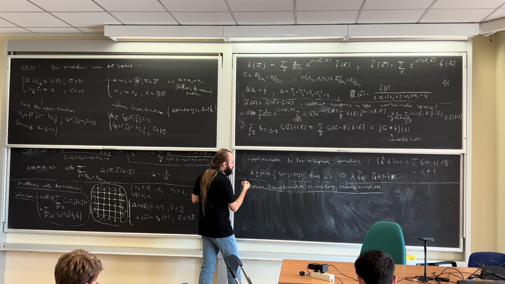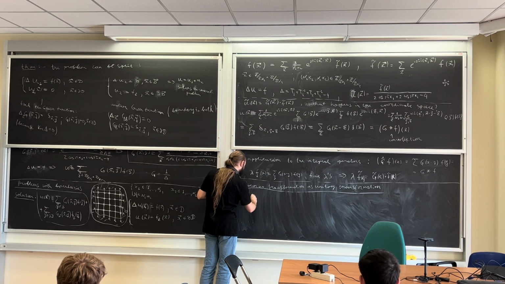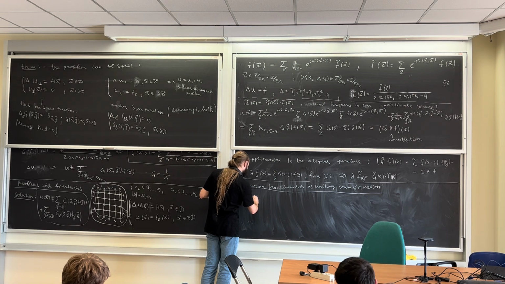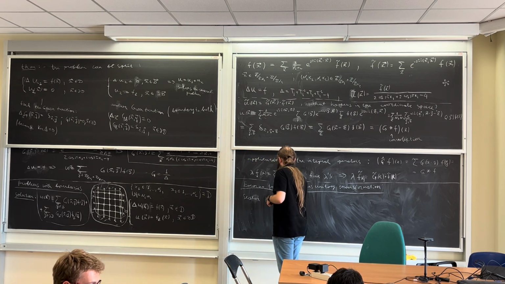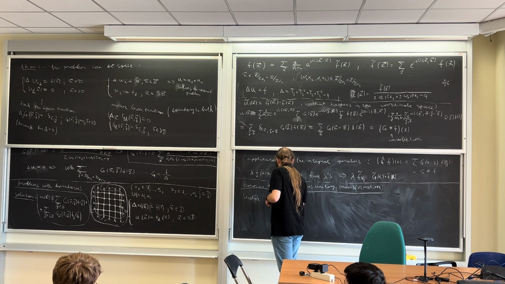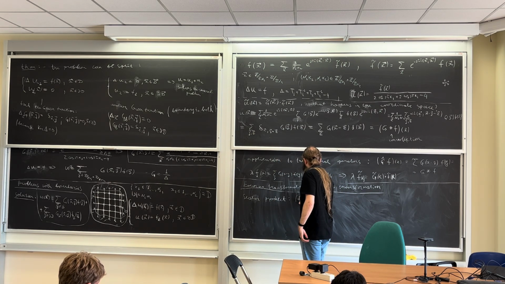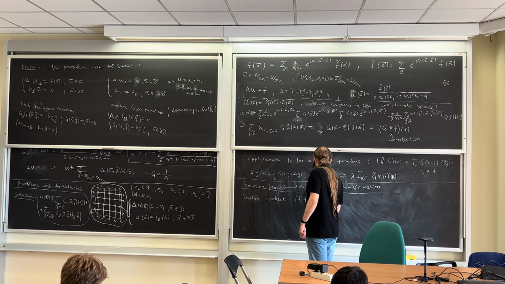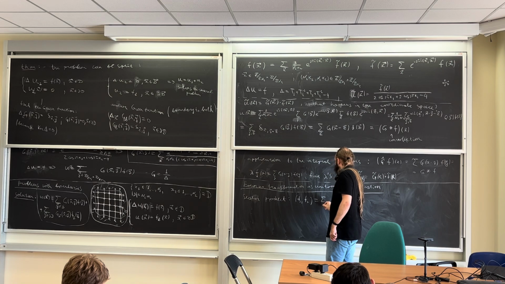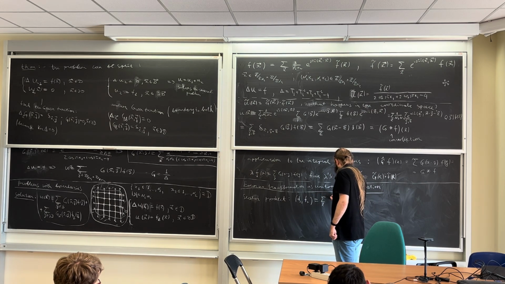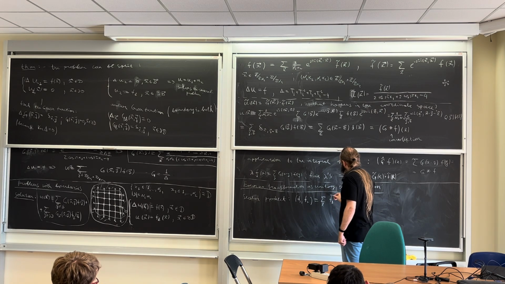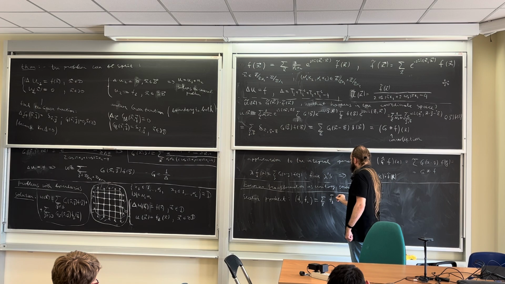It can be done naturally in this way: the scalar product of F1 and F2 is the sum over x of F1 conjugated of x times F2 of x.